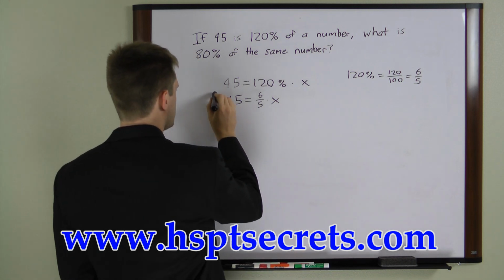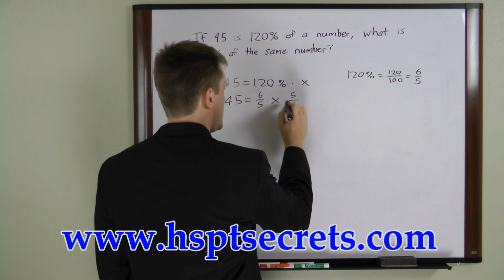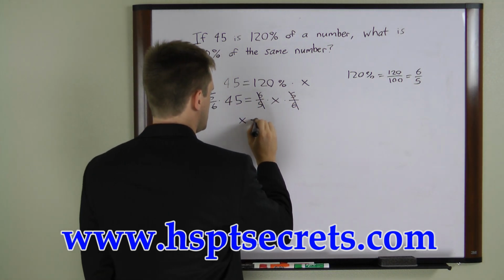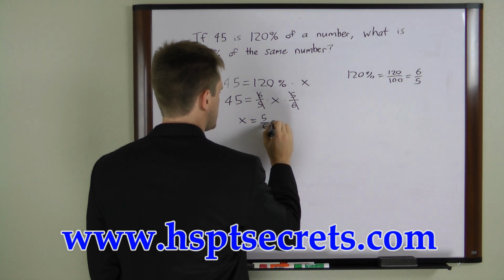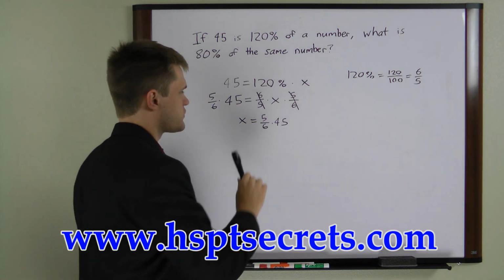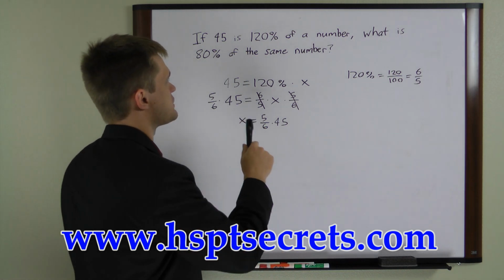Now we can multiply both sides by 5 over 6, and that will cancel this to give us x equals 5 over 6 times 45. Now this is actually as far as we need to go with this equation, because now we're going to plug the x into the next equation.